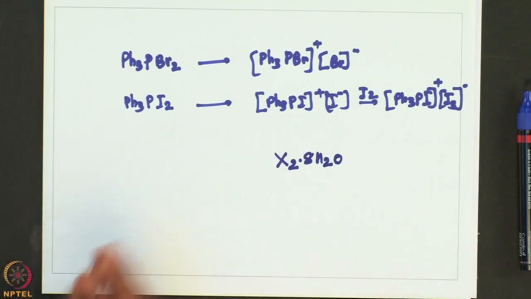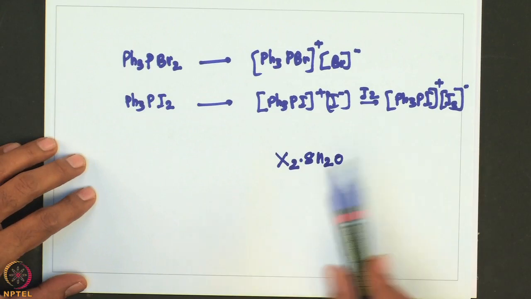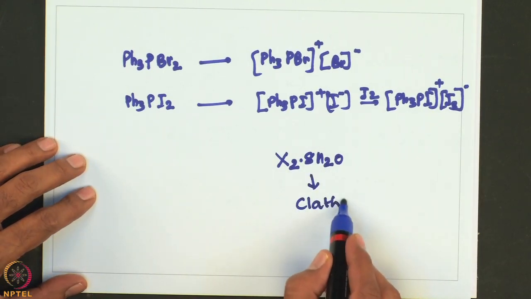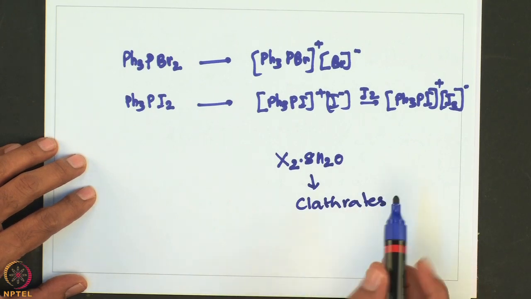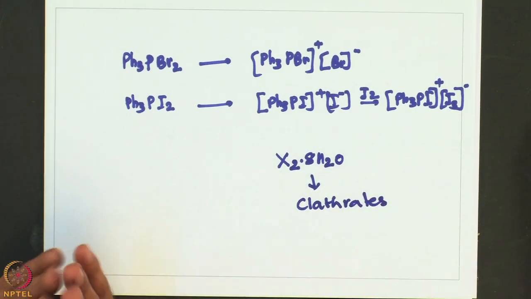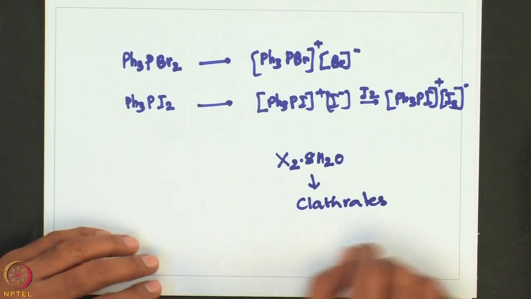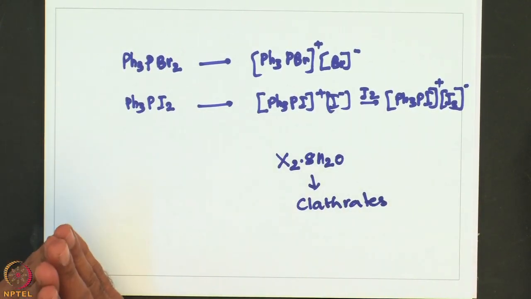These crystalline solids are known as Clathrates. They consist of hydrogen bonded structures with X2 molecules occupying cavities in the lattice. A Clathrate is essentially a host guest compound, a molecular assembly in which the guest molecules occupy the cavities in the lattice of host species.